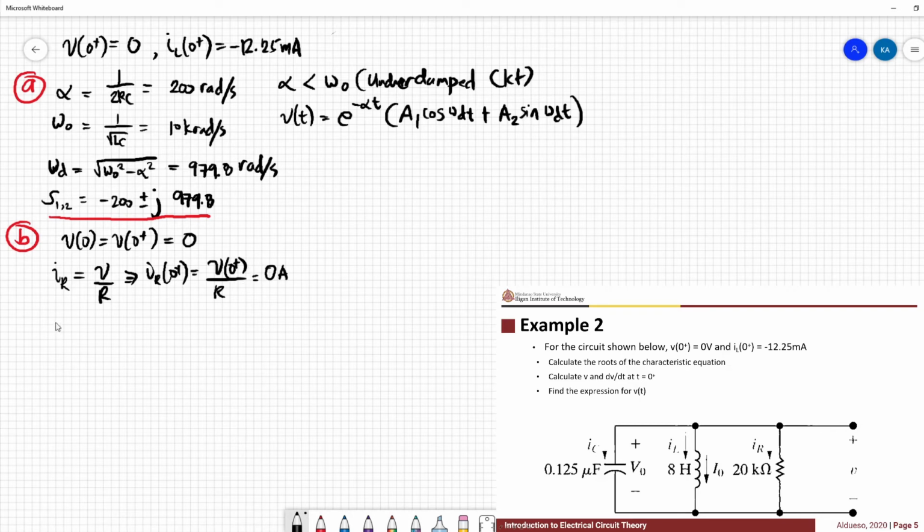So this means applying KCL at the top node, IC plus IL plus IR is equal to 0. This is 0. IC is just equivalent to negative IL. So IC at 0 plus is equal to 12.25 milliamperes.